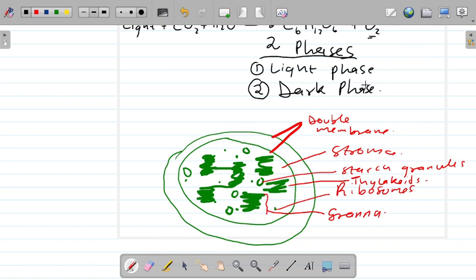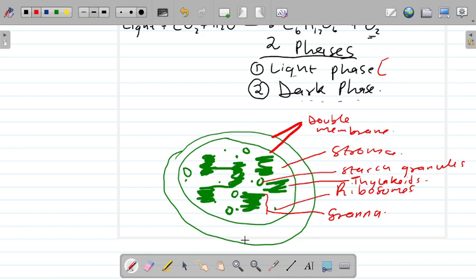In the textbook, it will tell you light phase and dark phase. It is light dependent. So basically, this is your light dependent phase. And the dark phase is your light independent phase. Those are the two phases.